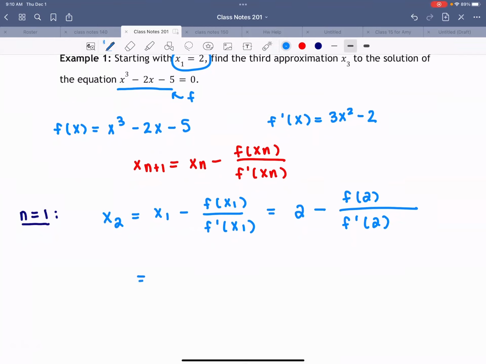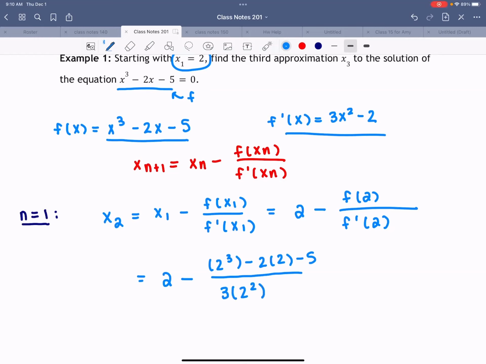So this becomes 2 minus, I know that f is the cubed function, so 2 cubed minus 2 times 2 minus 5. The function on the bottom is f prime, the squared function: 3 times 2 squared minus 2.